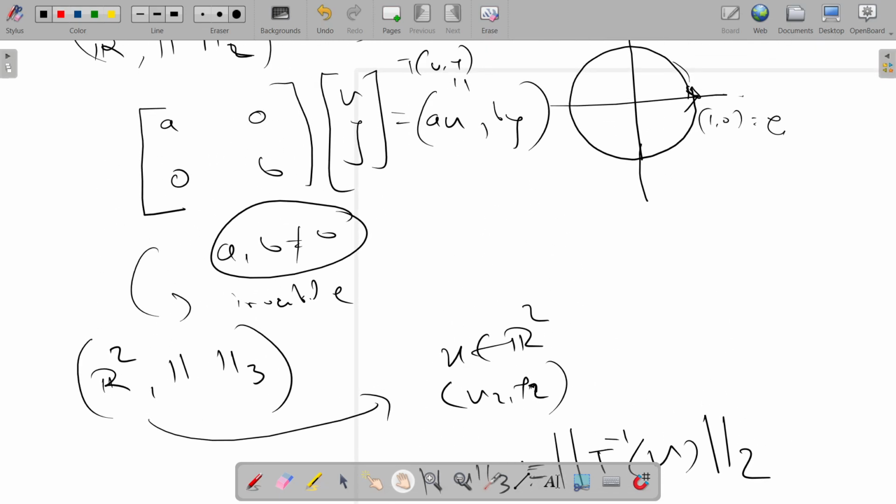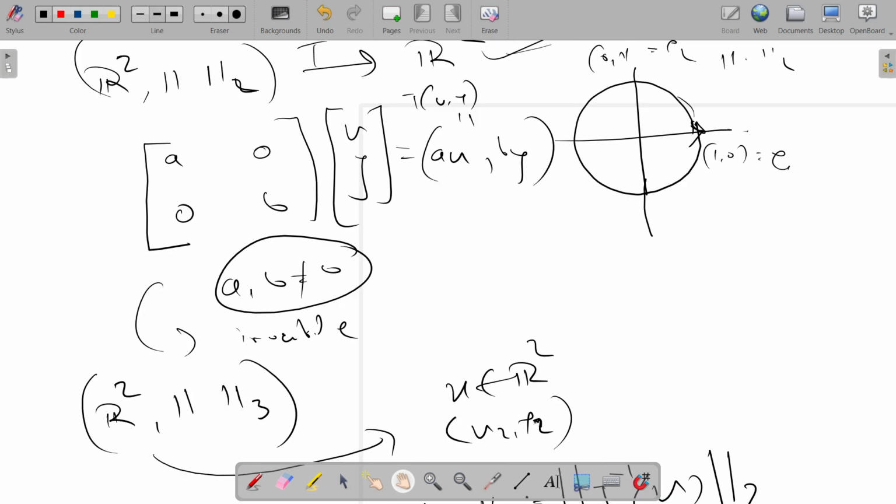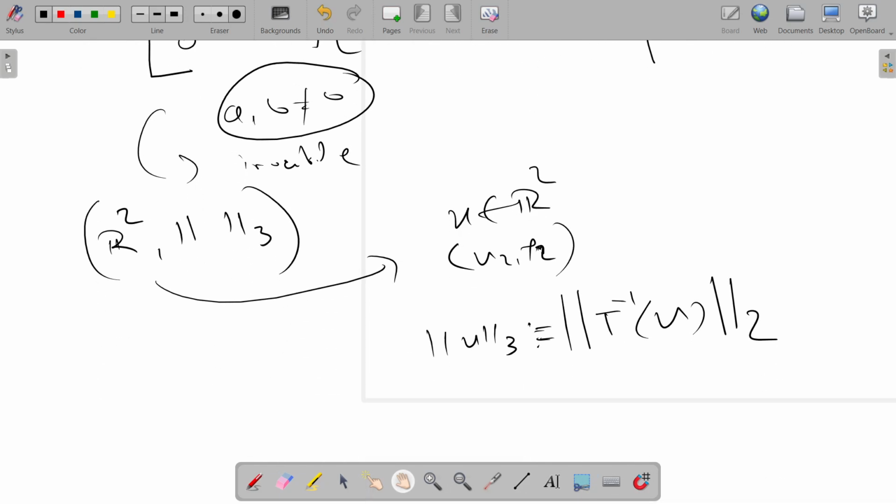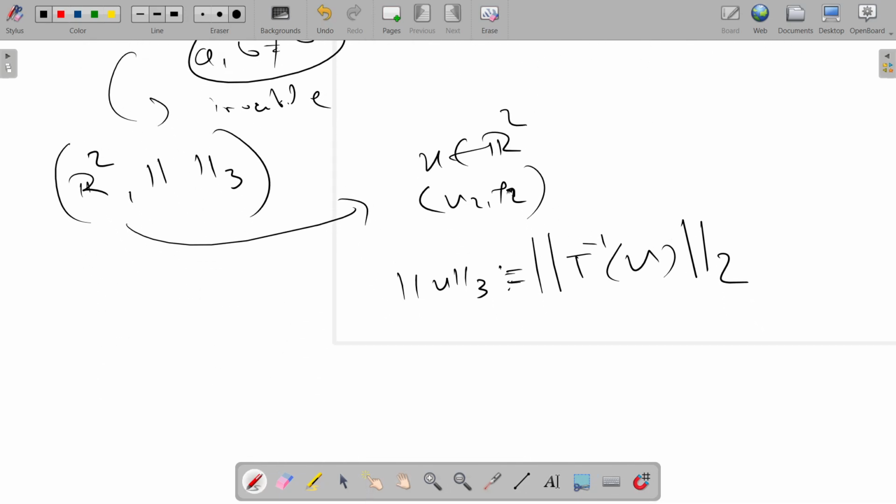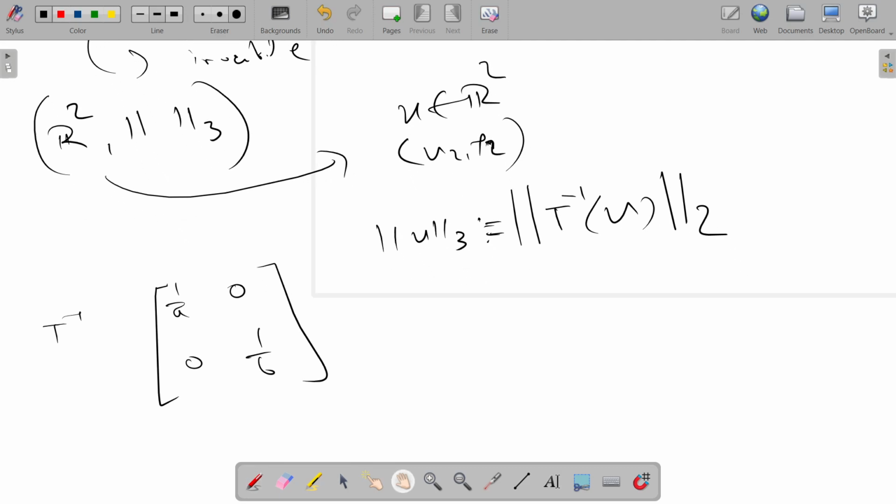Yeah, so we have defined a norm here. We have transferred the structure. Now one more thing: what is T inverse? T inverse will be 1 by a, 0, 0, 1 by b. And now notice one thing.